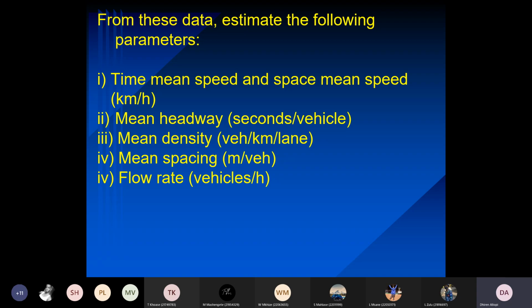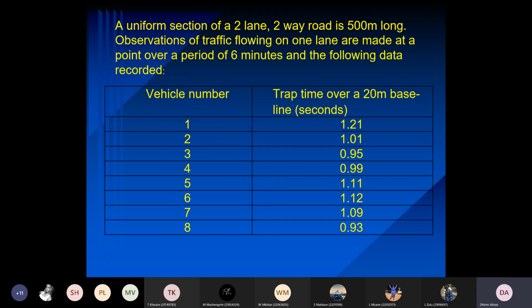So how does one go about solving the question? Firstly, if you go back to the question, there you're given the time over your 20-meter baseline, which means it's very easy for you to calculate the speed. Speed over the 20-meter baseline, 20 meters divided by 1.21 seconds, will give me my speed in meters per second.